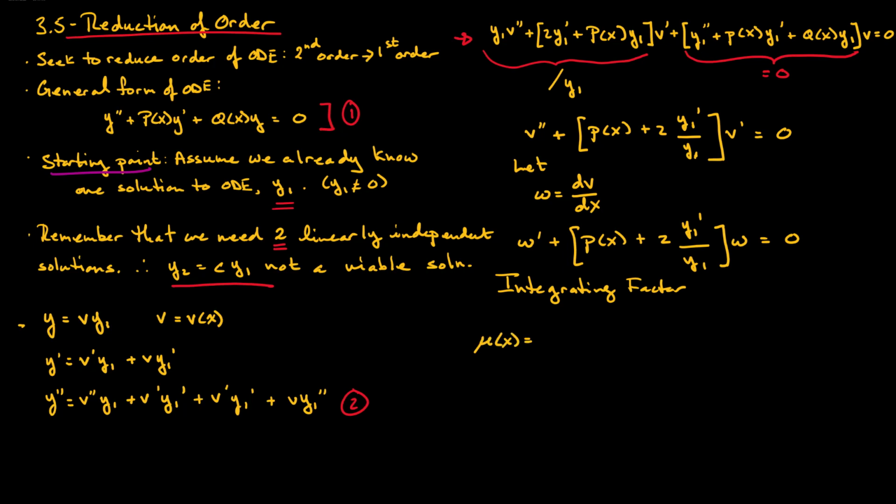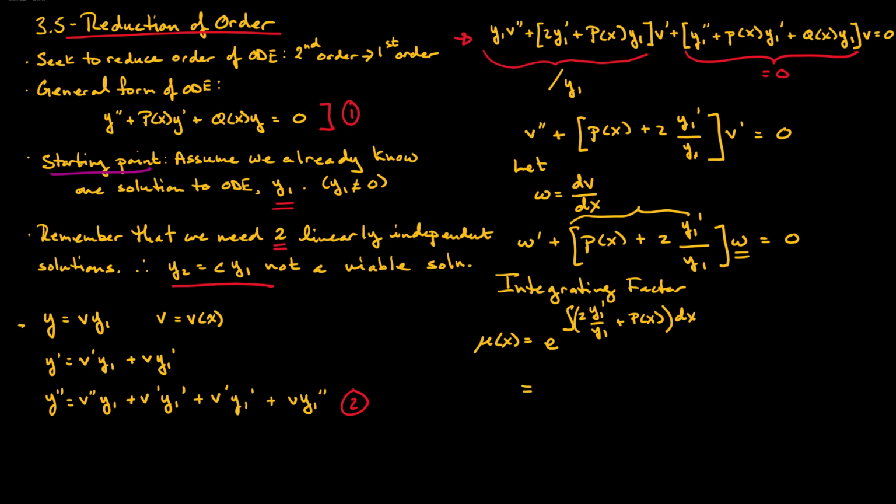And that will be equal to e to the power of the integral, and recall that in the integrand, we include this entire term which multiplies the unknown function. So we're going to have 2 y1 prime over y1 plus p of x, dx.